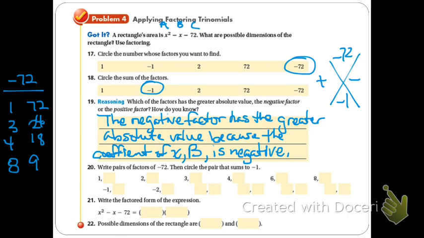So 1 and 72. 3 and 24. Oh, I forgot 2. It's an even number, so you should be able to divide by 2, which is 36. So 2 and 36. 3 and 24. 4 and 18. See, if I would have used the guide down there, I would have known which numbers to look for.